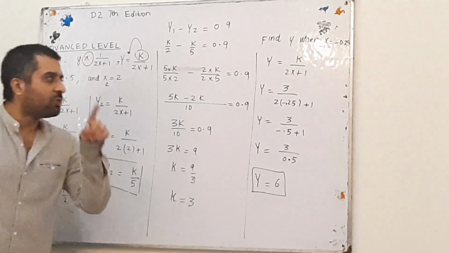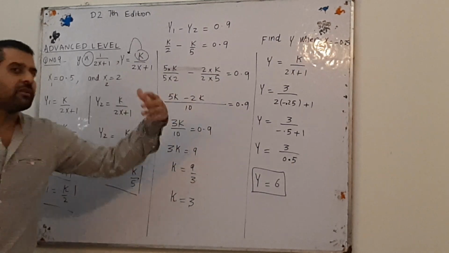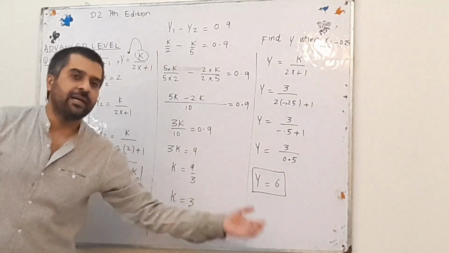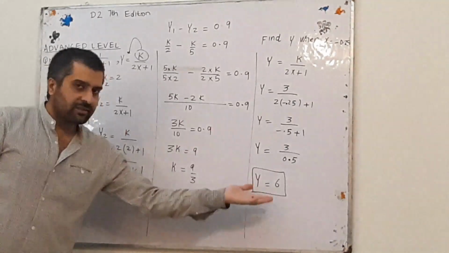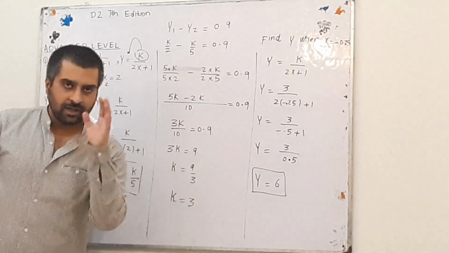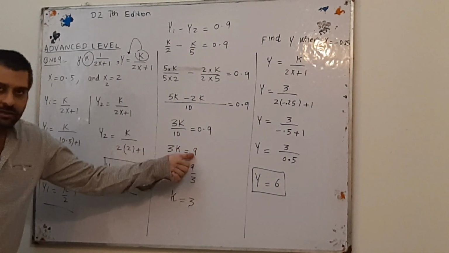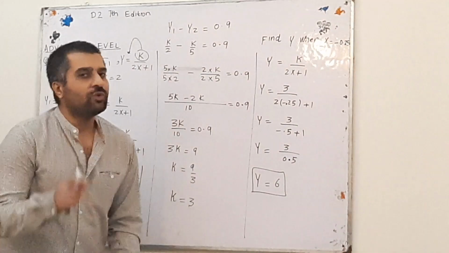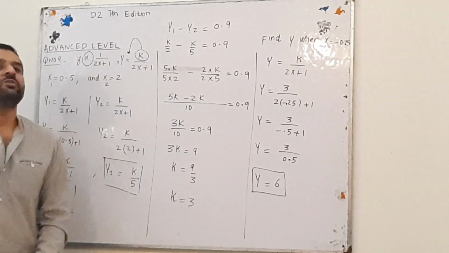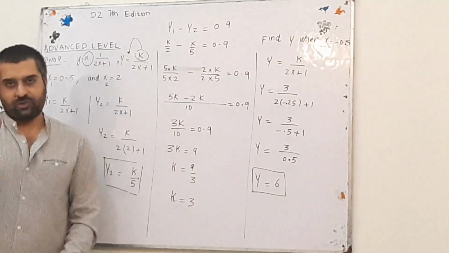Move 10 to the right side. On the right side, 10 will be multiplied with 0.9, because 10 is being divided over here. 10 into 0.9 gives you 9. So 3k is equal to 9, and k is equal to 9 over 3, which gives k equal to 3. We got k.